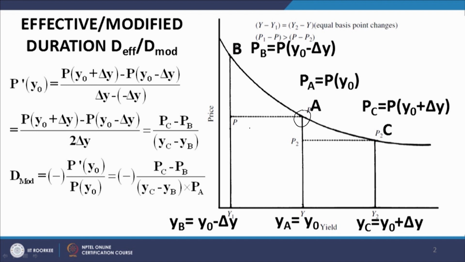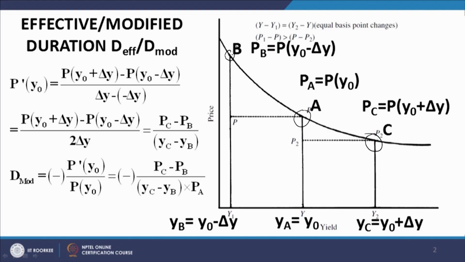And now we increase the YTM from Y0 by a small amount to Y0 plus delta Y, and the corresponding point we have on this yield price curve is given by the point C here. The price is given by PC.